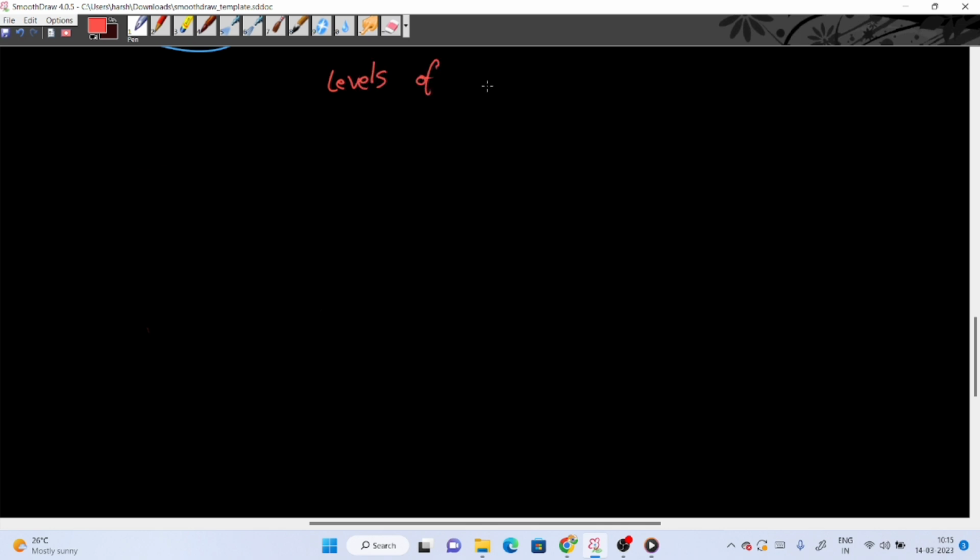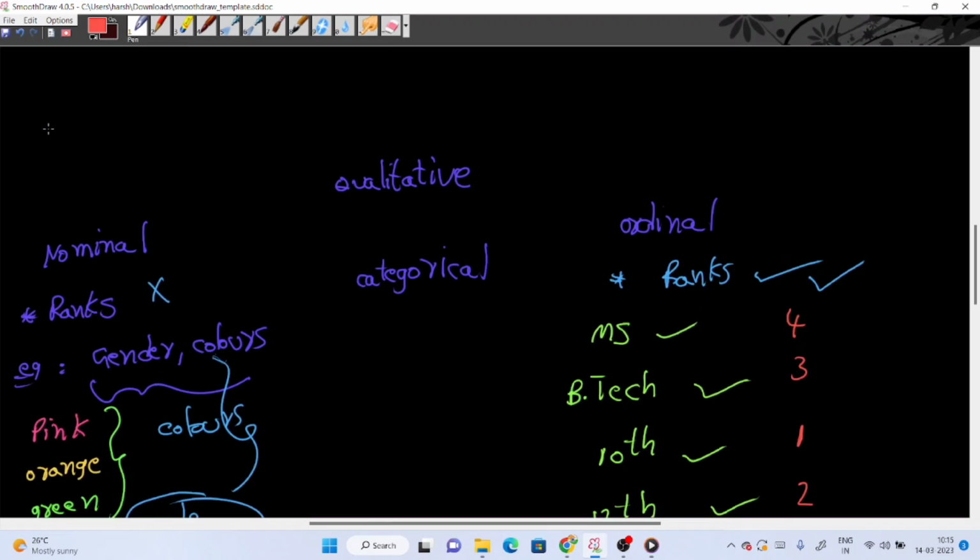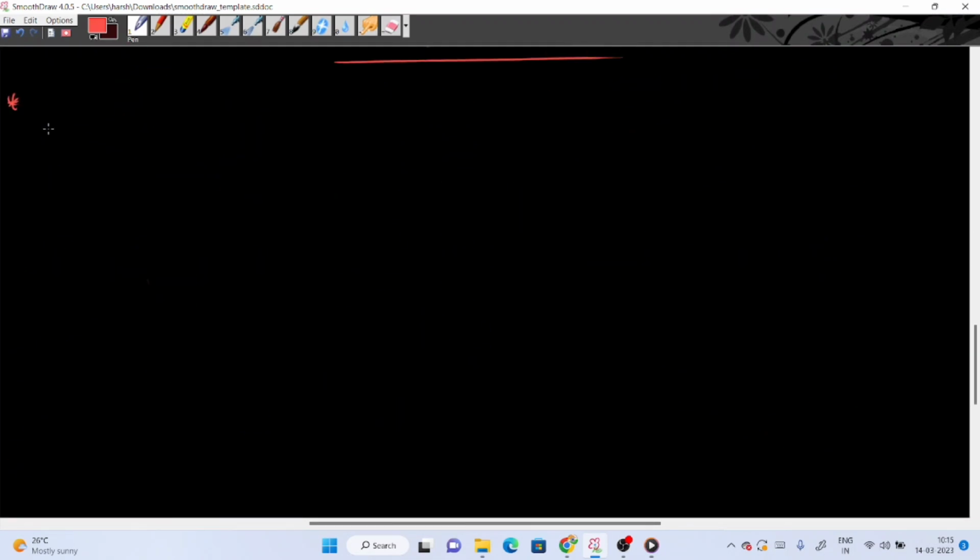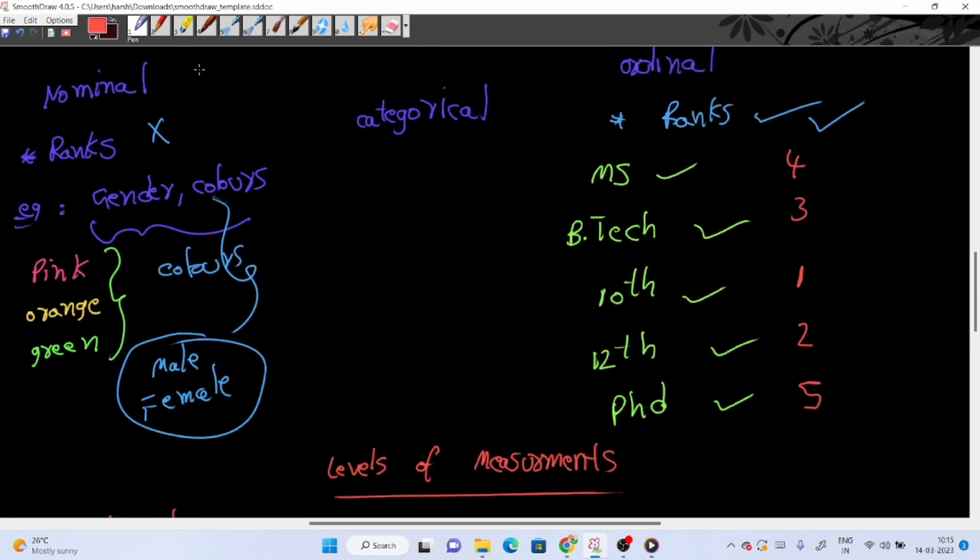Levels of measurements. In this we have 4 subtopics. First one is nominal scale data, which is similar to this kind of nominal data.